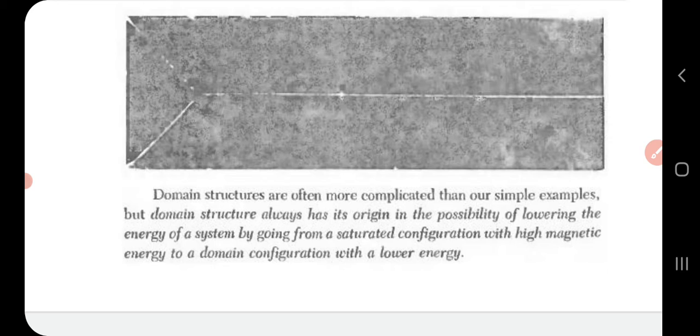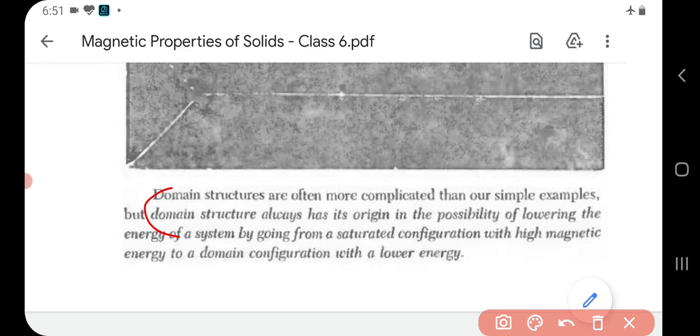Now a paragraph about domain structure, that is domain structure always has its origin in the possibility of lowering the energy of a system by going from a saturated configuration with high magnetic energy to a domain configuration with low energy. Okay, this sentence we can mention. What is meant by a domain structure? A domain structure will always originate from the possibility of lowering the energy of the system.